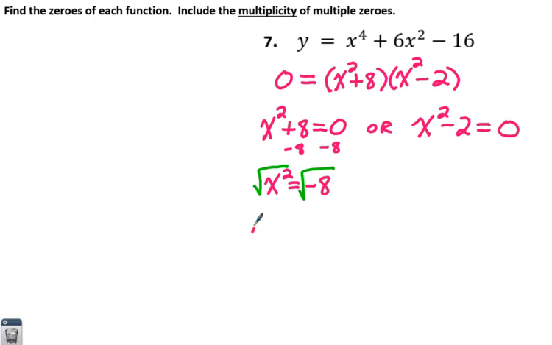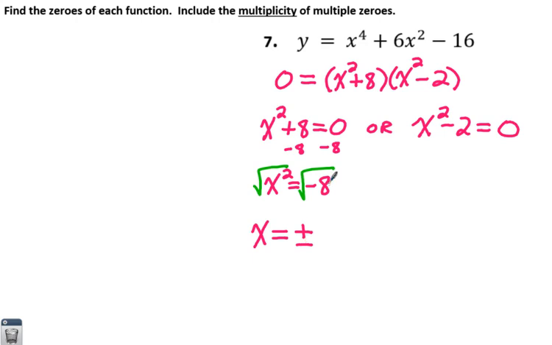Now, listen carefully for a second. Whenever you take the square root of both sides to solve for x, you're going to have a positive and a negative answer. So you have this whole plus or minus thing automatically.